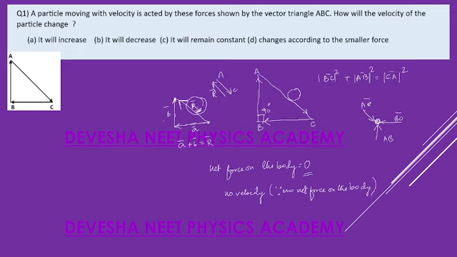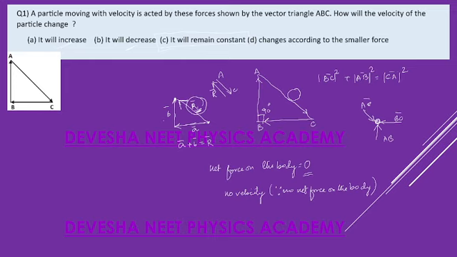So in this case, the question is how will the velocity of the particle change? It'll increase, no, it'll decrease, no, it'll remain constant, right? Why does it remain constant? As I explained to you, because there is no net force acting on the body. Okay, I hope that is clear to you, right?